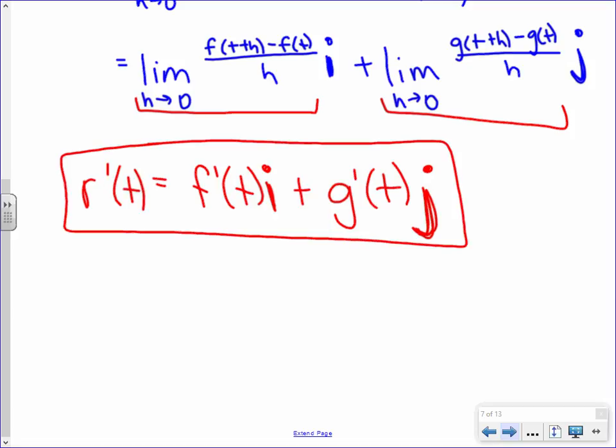Okay, so good to know. All we have to do is take the derivatives of each component. Done. We can do that, right? So that was just a proof? Yeah. We like to know where things come from, right?